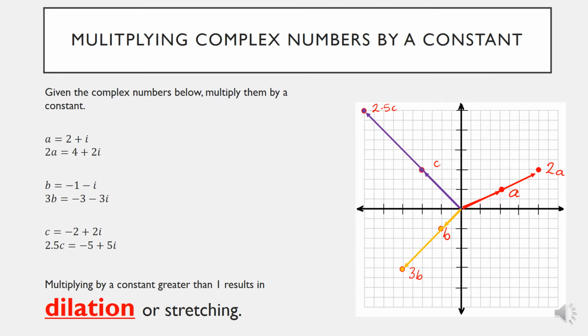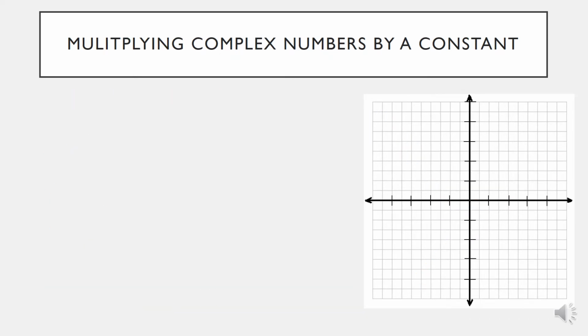So what do we call this? Multiplying by a constant greater than 1 results in dilation or stretching. So the direction stays the same, but the arrow got longer. That's called dilation. What happens when you multiply by a constant less than 1?